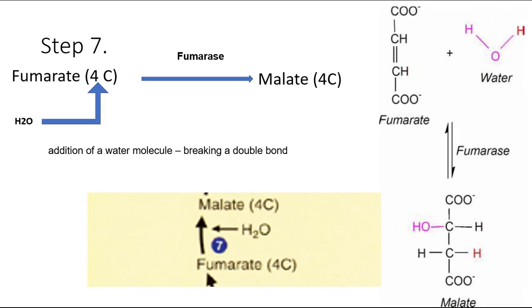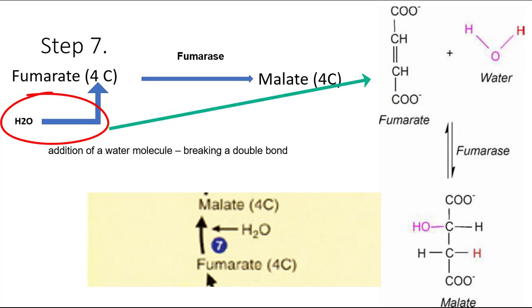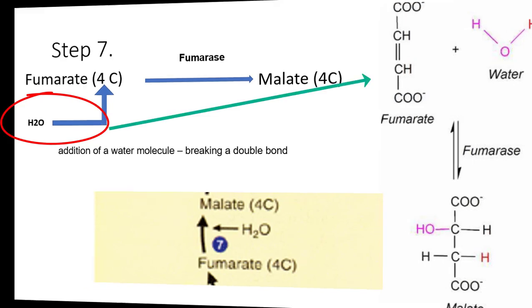Reaction 7 involves the simple hydration of fumarate to produce malate via the enzyme fumarase. Note how the addition of water provides added protons and electrons which can be subsequently removed in a later reaction. Within the TCA cycle, such removal occurs in the next reaction.